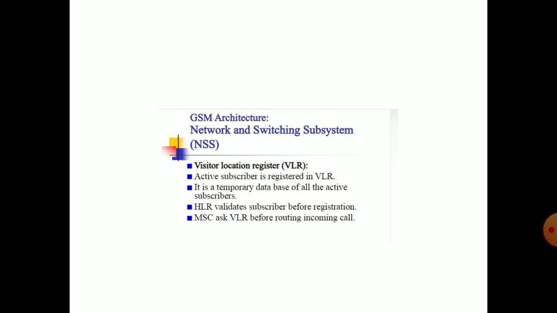The home location register validates the subscriber before registration, and it activates the subscriber, who is then registered in the VLR. Only if the subscriber is active in the visitor location register can they be registered in the VLR. With the help of the VLR, we can receive incoming calls and also make outgoing calls.